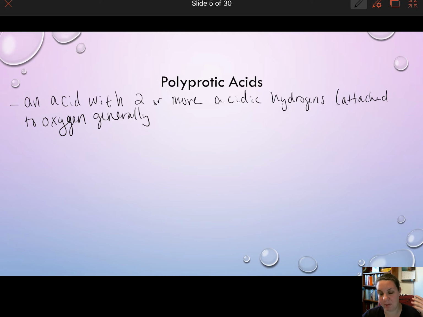Although we will see them attached to halogens as well, right? So HF, HCl, HBr, those types of things. But most of our, or all of our polyprotic acids are going to be hydrogens attached to oxygens.